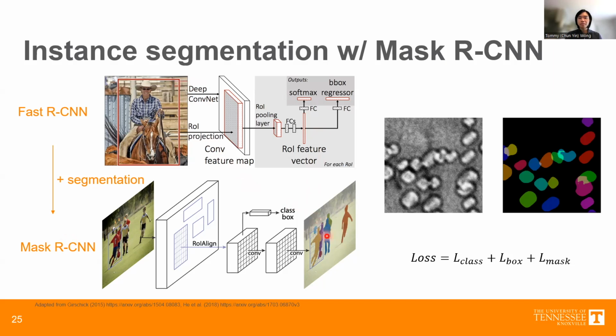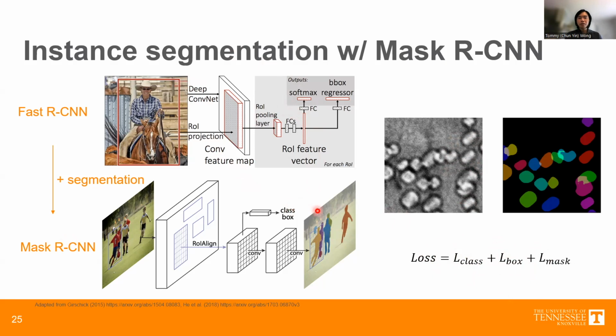One way to consider it is to look at the loss function, because the loss function, unlike UNet, is a sum of 3 different loss functions. You have a loss function for the class itself. For us, it's between the background and the bubbles.